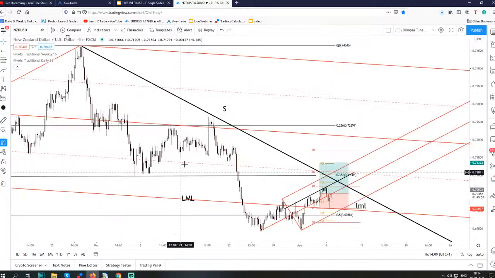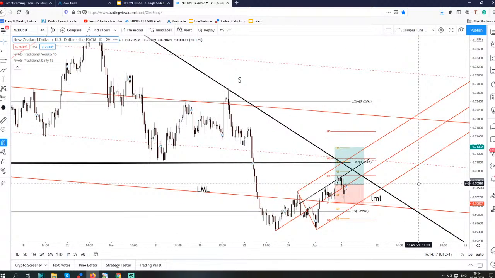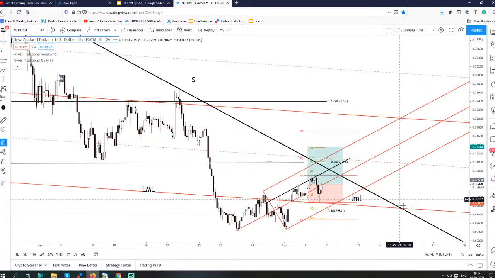Okay, let's continue guys, and let's talk about New Zealand dollar versus the US dollar. Someone, Tiago, asked me into the chat, and let's talk about this pair as well. So we still have a long position here on the New Zealand dollar versus the US dollar.